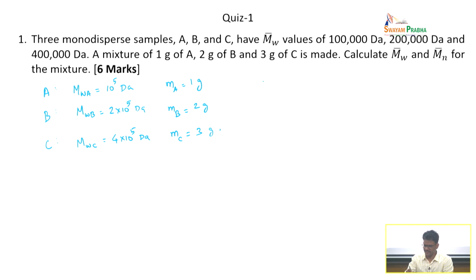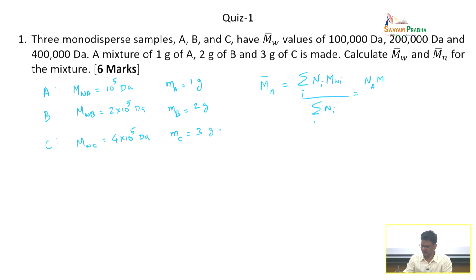So we need to calculate, let's say, the number average, which is written as the sum of Ni Mwi over the sum of Ni. Okay, which means here we have 3 species.